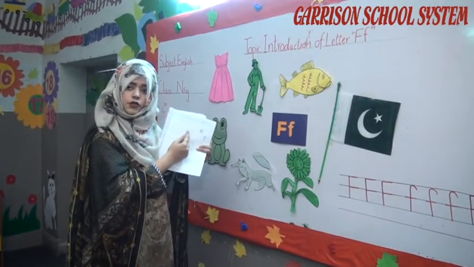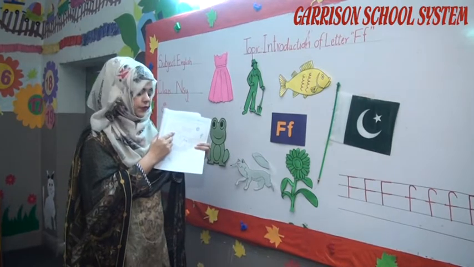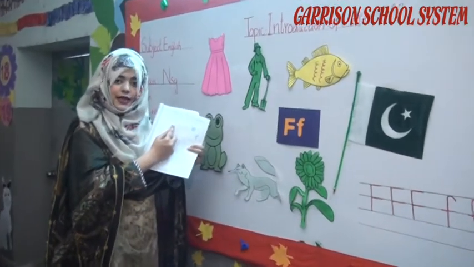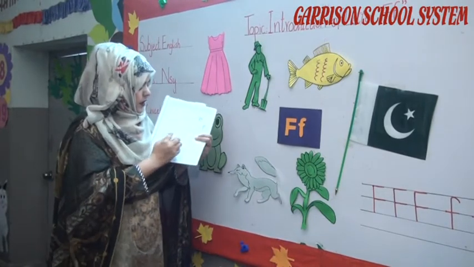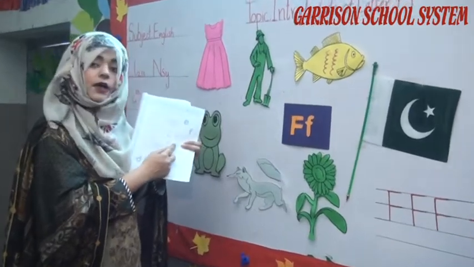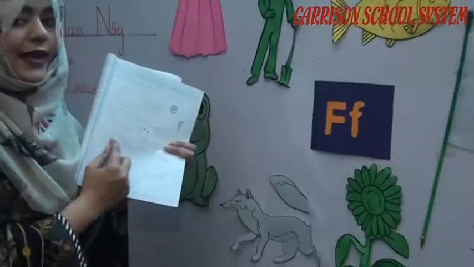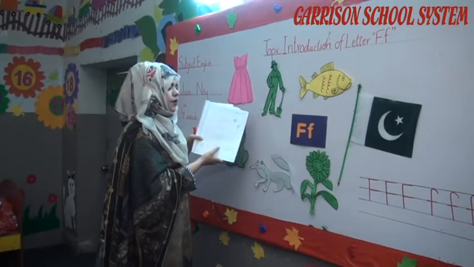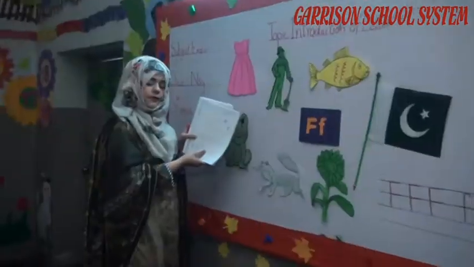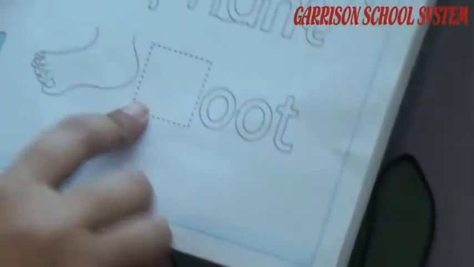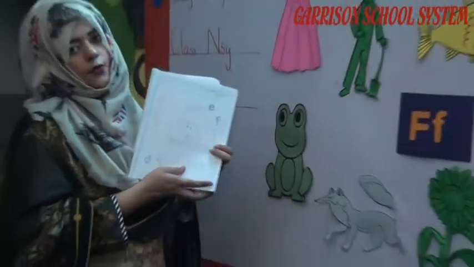You are going to write D over here. E for elephant. You are going to write E over here. F for foot. You are going to write F over here.